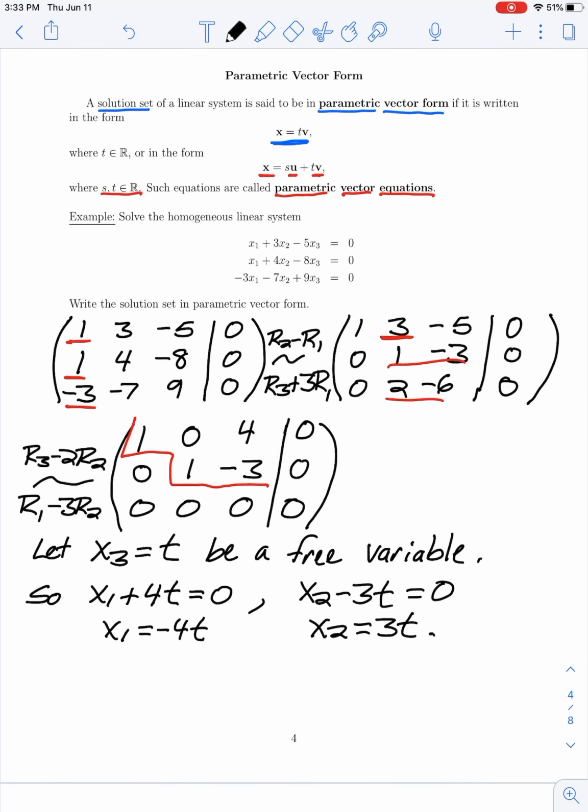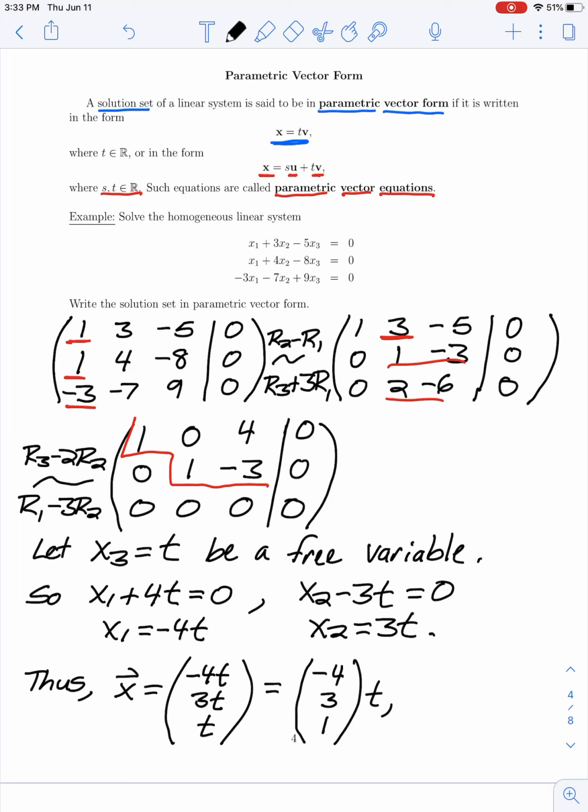So our solution set, written in parametric vector form, would be the set of vectors x of the form x1 is negative 4t, x2 is 3t, and x3 is t. Or in parametric vector form, we have to factor out that t, and we're left with the vector negative 4, 3, 1 times t, where t can be any real number.